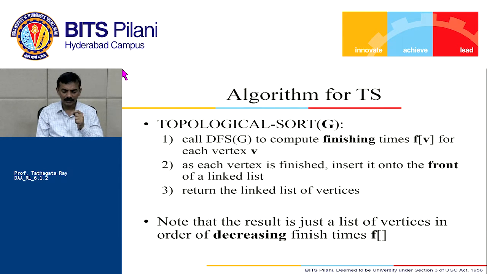That's what this is saying, that the result is just a list of vertices in order of decreasing finish time. That means the first node has the highest finish time, followed by the next node and so on.